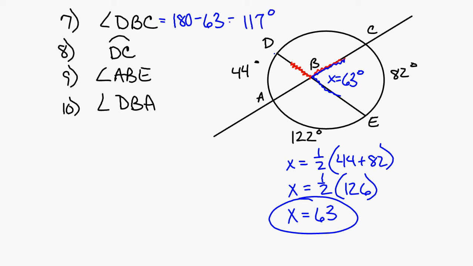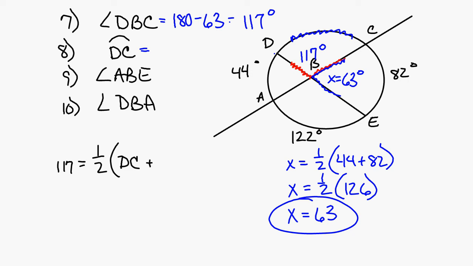All right? You need arc DC next. Arc DC is right here. And in this case, your angle 117 is equal to 1/2 of DC plus AE, which is 122.